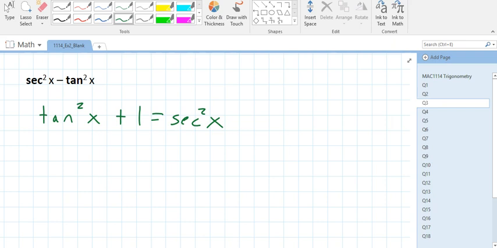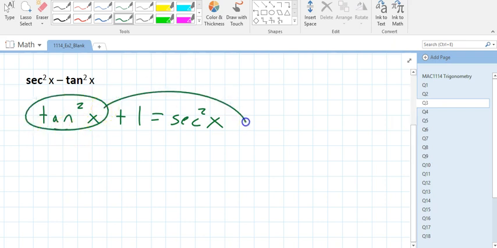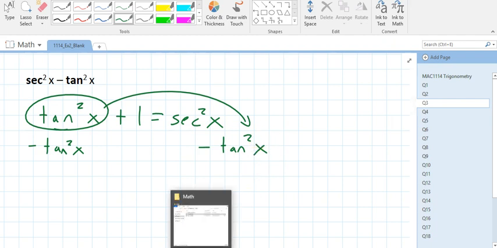Well, we could do that, or, easy: pick this guy up, move it to the other side. So how do I get rid of a plus tangent squared? Subtract tangent squared. You could have moved the secant, and then you would have had to move the 1, and then you would have had to flip all the signs in the end.